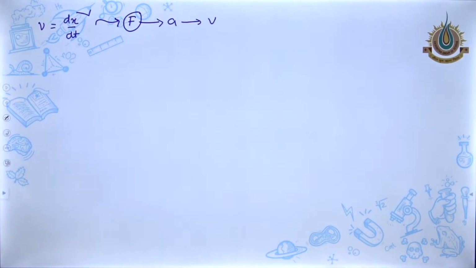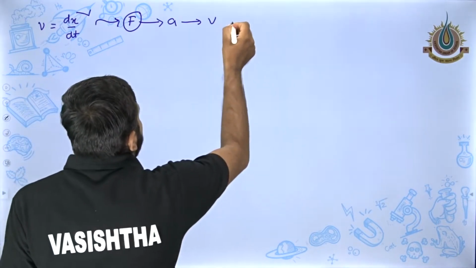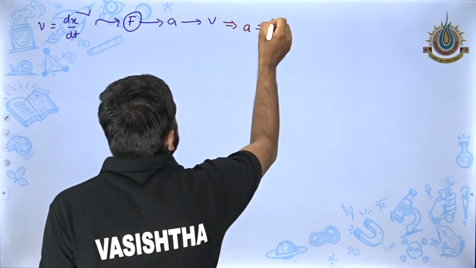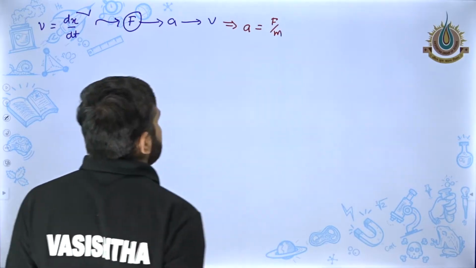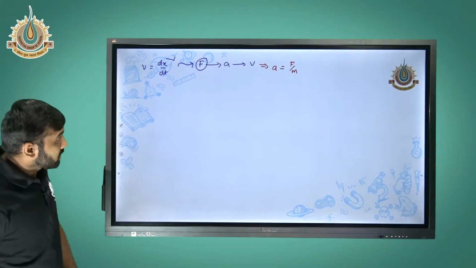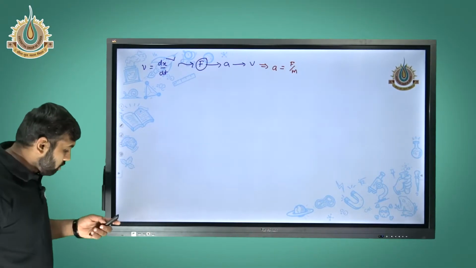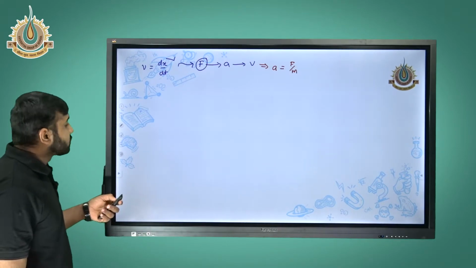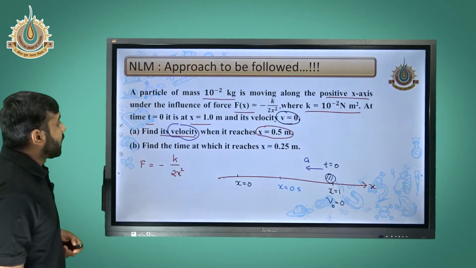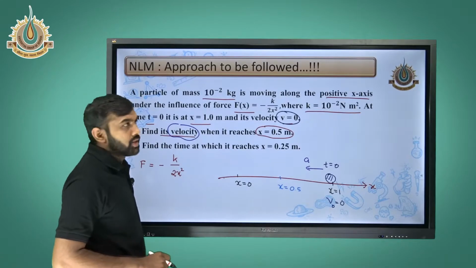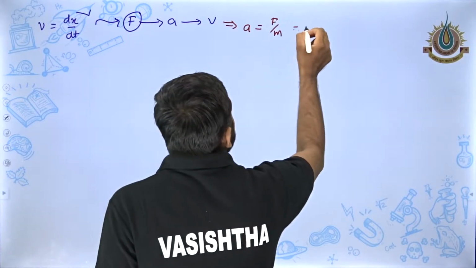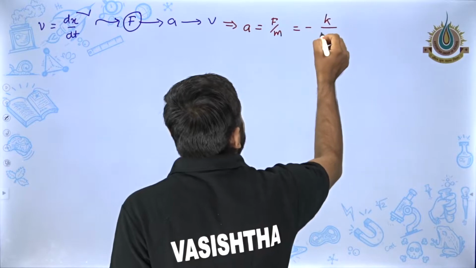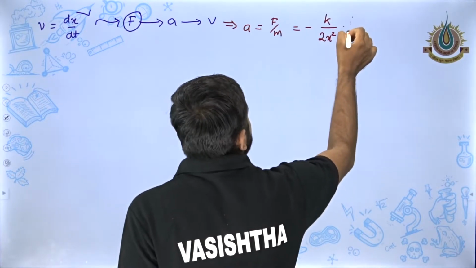So how can we convert force into acceleration? See, write down acceleration is equal to force upon mass. Now how to convert the acceleration in terms of velocity? If you write the value of F, then F is equal to minus k upon 2x square, and that is multiplied by 1 upon m.